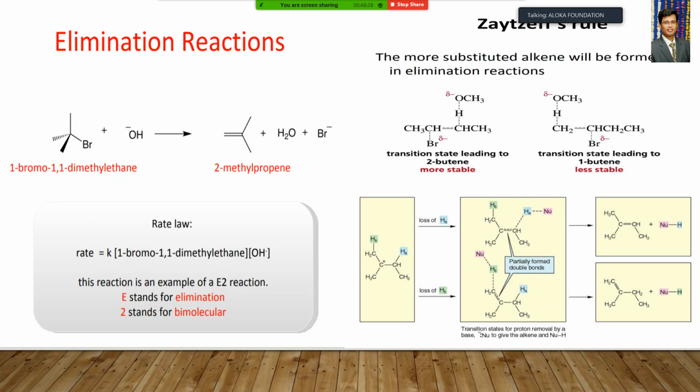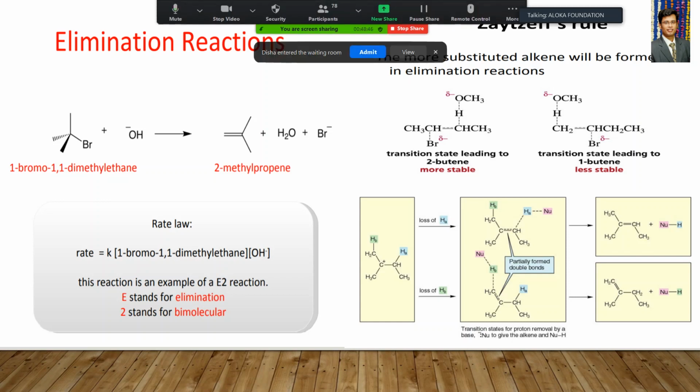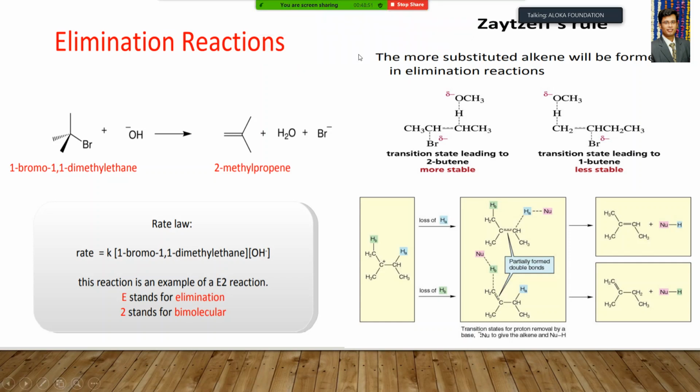So let us take this particular example. Let us say the transition state leading to the formation of 2-butene. You see this particular example, that is 2-bromobutane. When you treat it with methoxide, let us see on the right hand side. Beta elimination will give you the production of 2-butene, whereas in case of 1-butene, a less substituted alkene is formed.